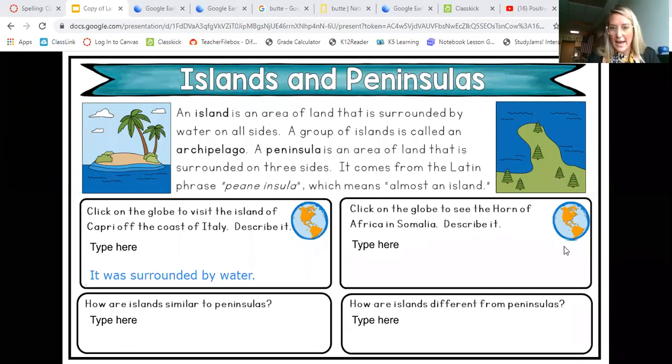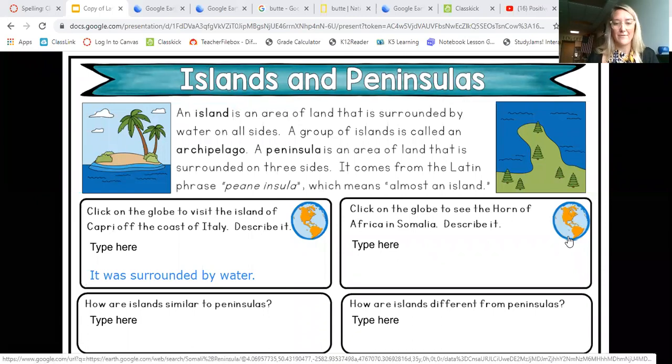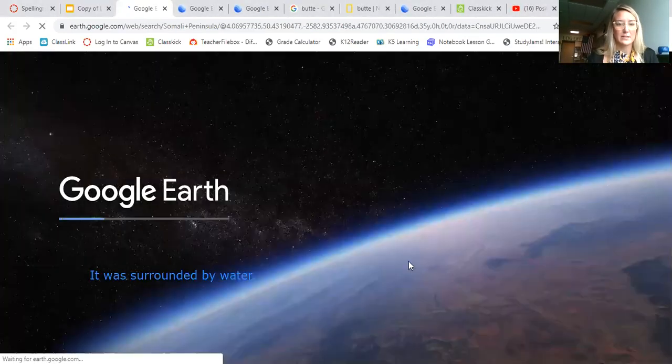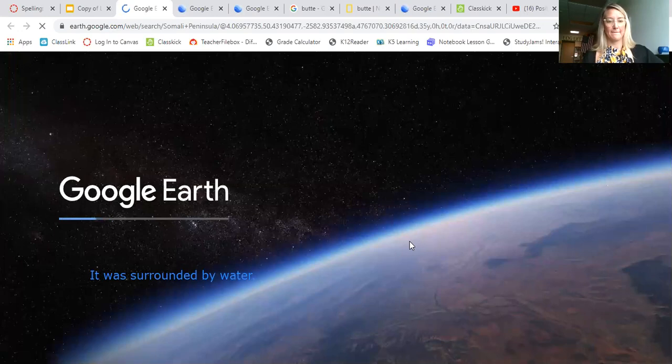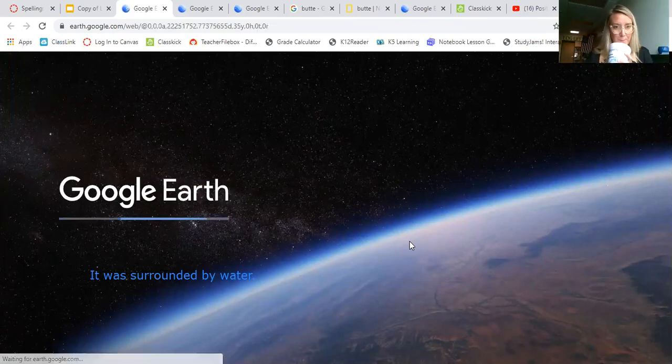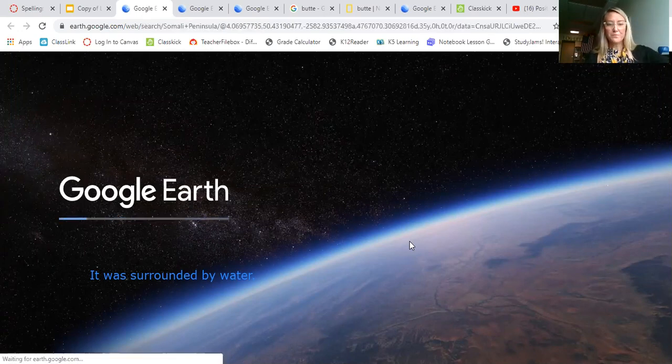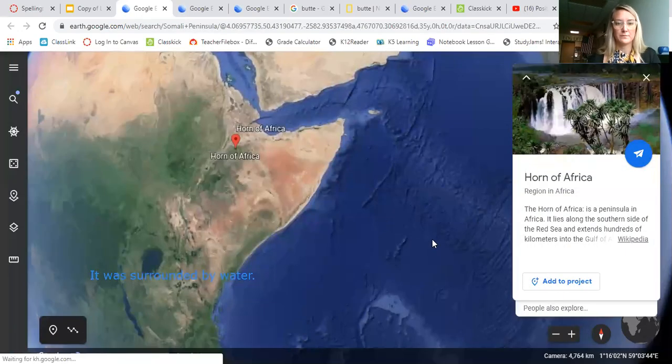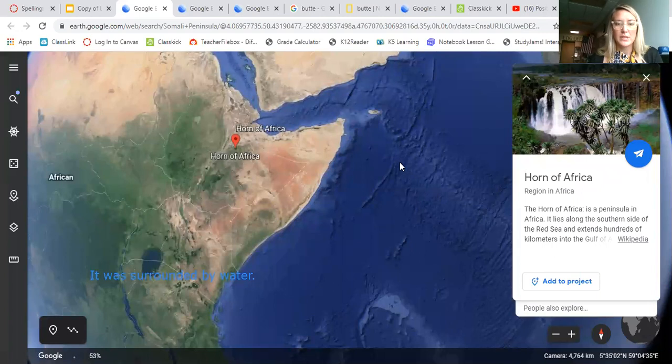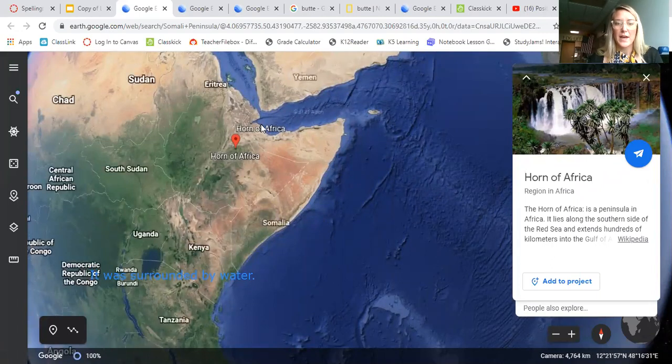Now let's look at the Horn of Africa in Somalia. And this is a peninsula. So you can see this part right here that has most of the area covered by water, but it is still connected to land.